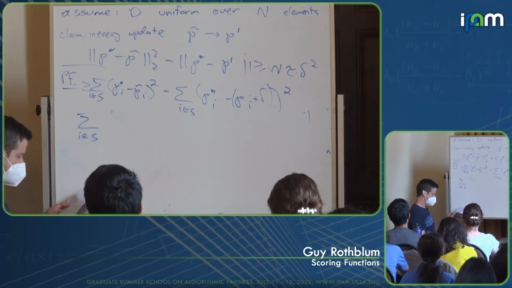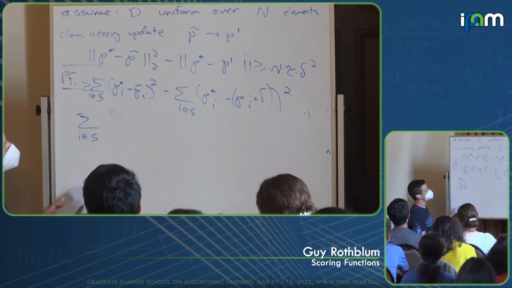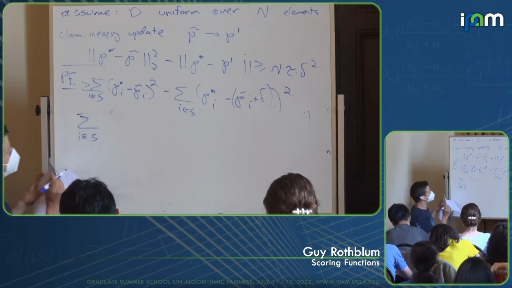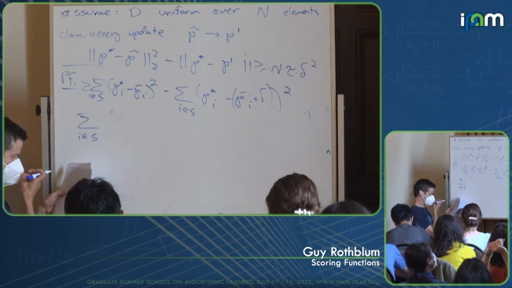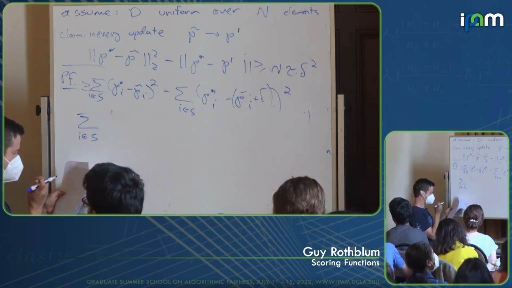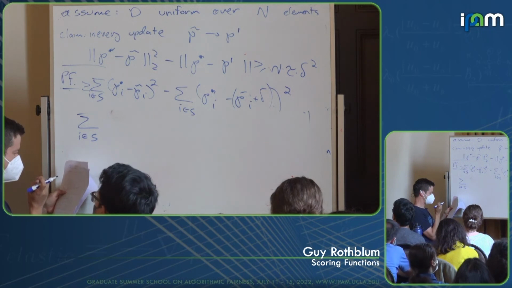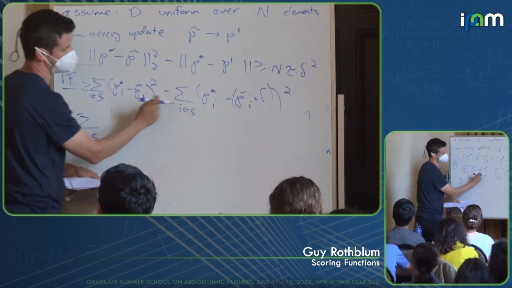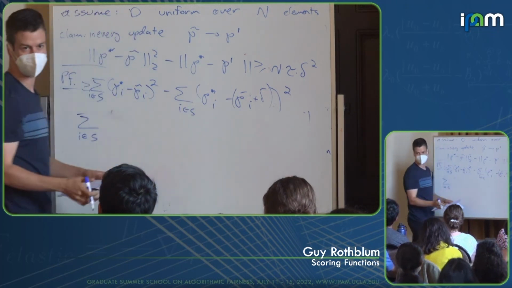So what do we have? Yeah, and there's also going to be a p tilde squared that's going to cancel out here and here, so we can ignore those as well.